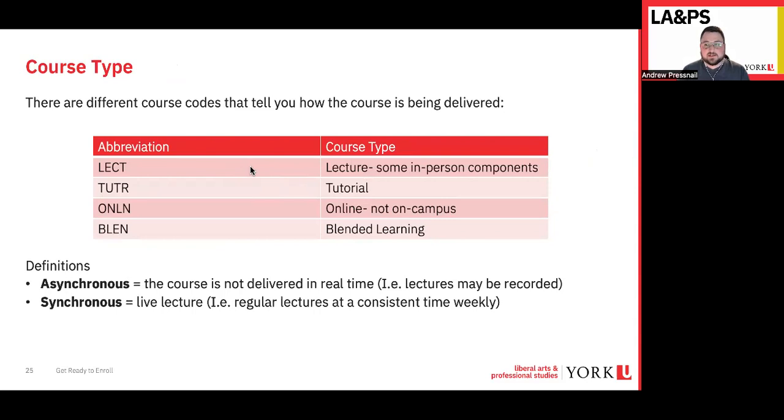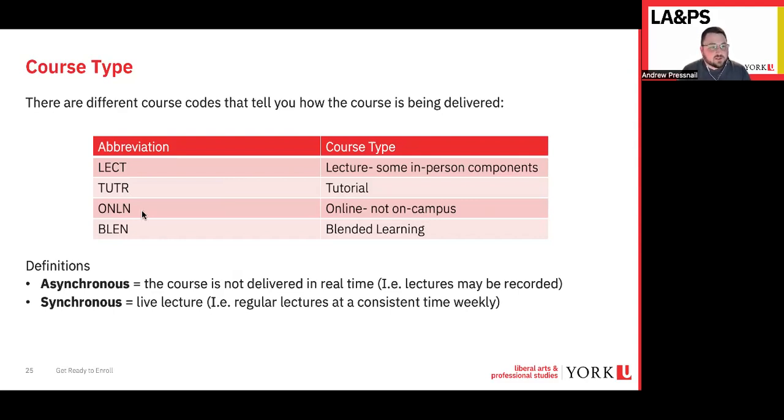Courses listed with the abbreviation LECT are delivered by lecture, and there are some in-person components required. Below here, we have TUTR, which indicates a tutorial. Some tutorials are offered in person, some of them are virtual. We will show you how to find out which is which on the next few slides.